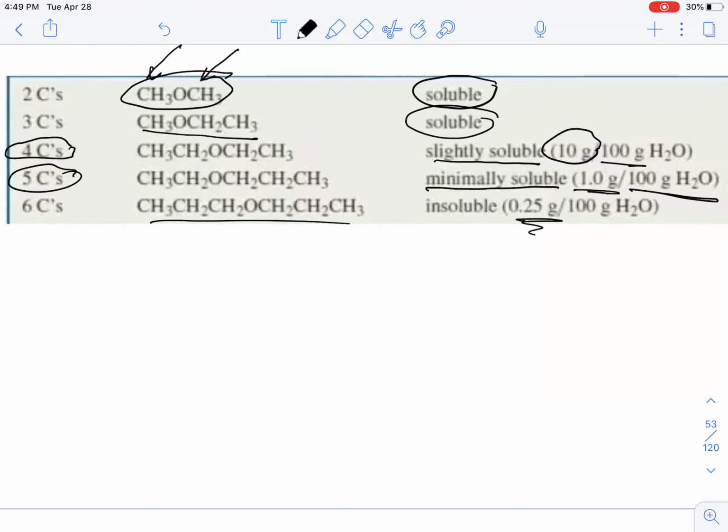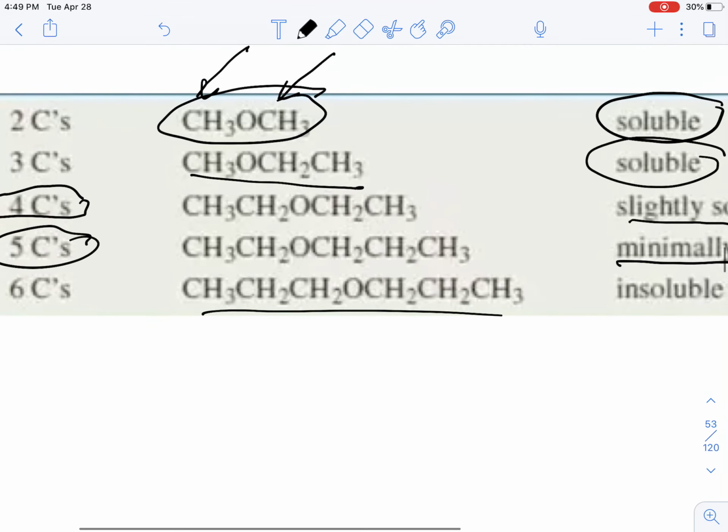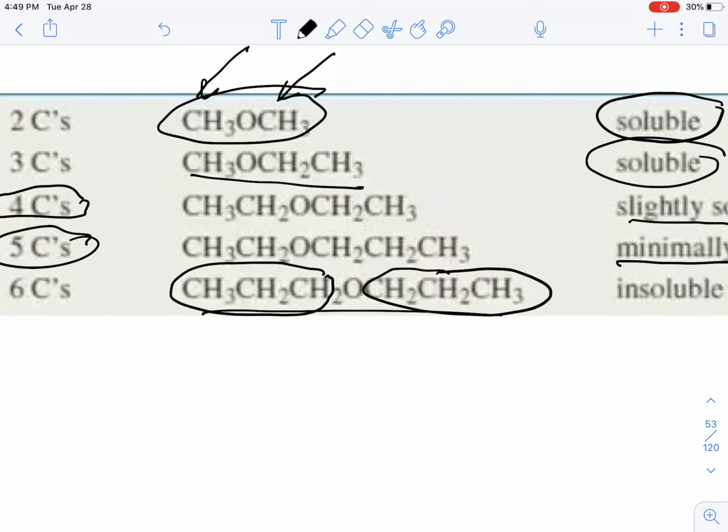If you look at the structure of a 6-carbon compound, notice that we have longer carbon chains on either end of that molecule. And so the non-polar character of the ether dominates over the small polar area of that ether.